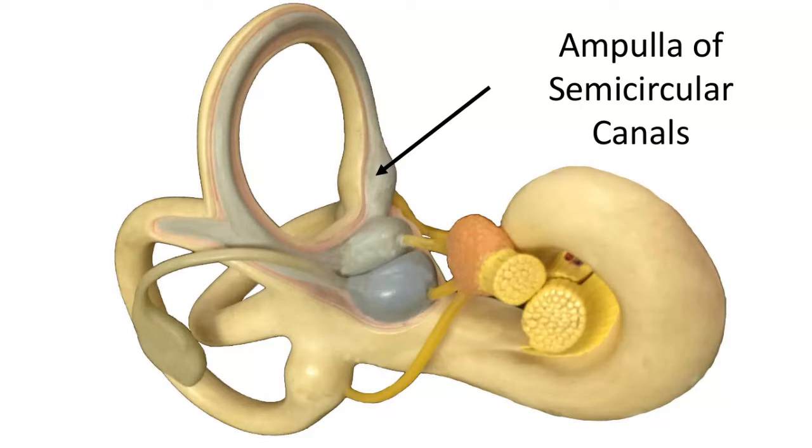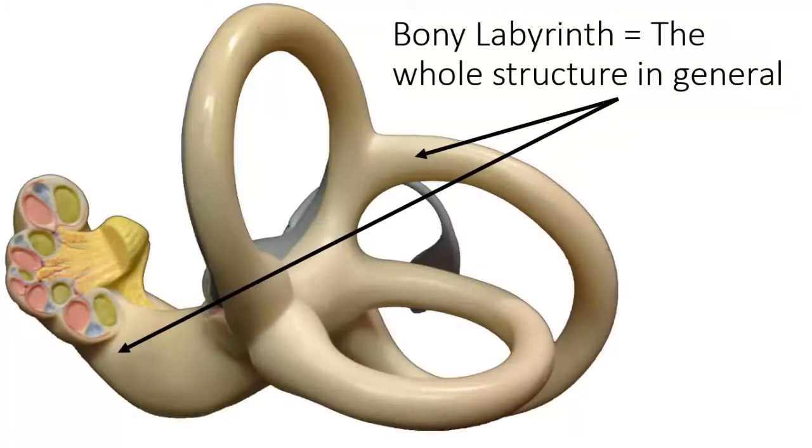Then we have our bony labyrinth, and that includes all these rings here, and then this structure over here. I tell folks it's all the parts that look kind of ivory colored.